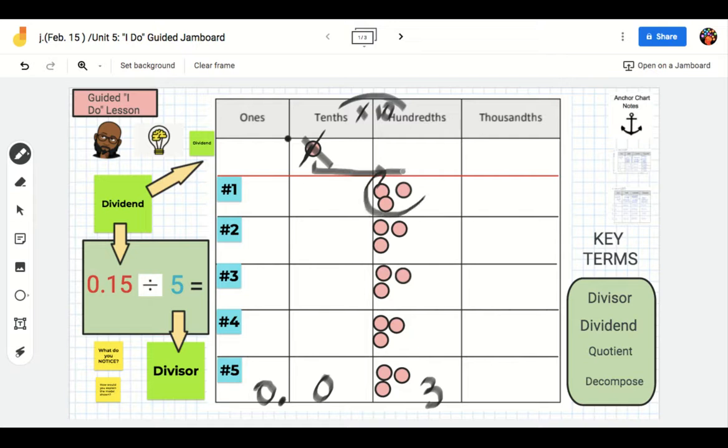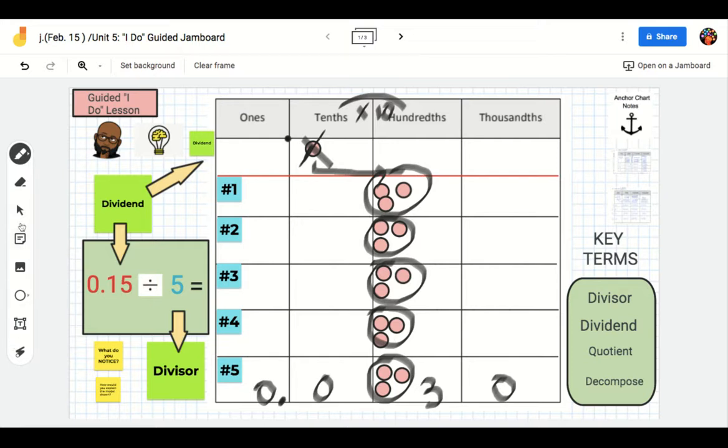Each group has 3 shared equally. How many thousands did I share equally? 0.